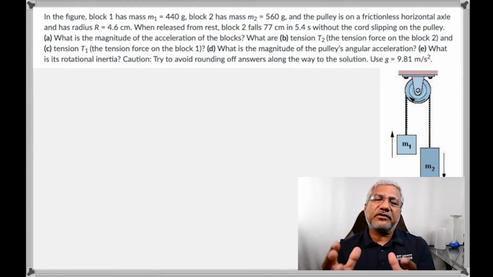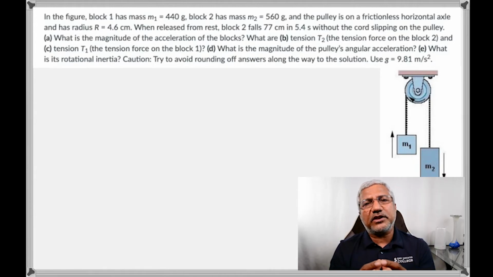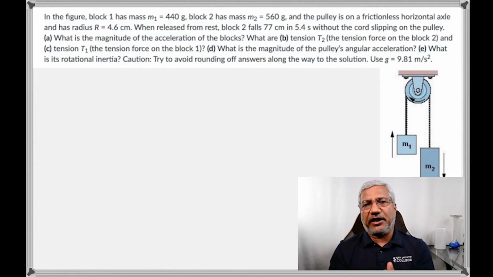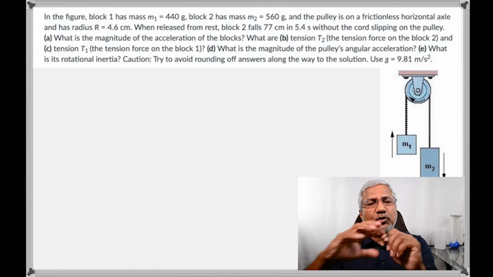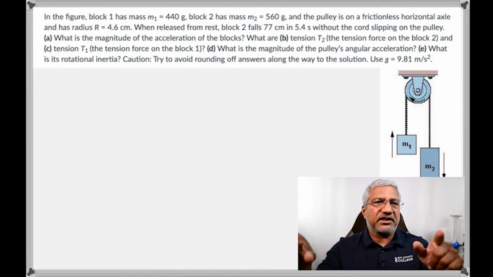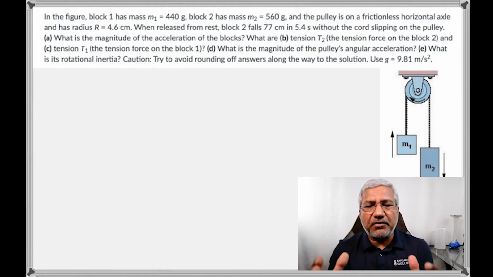As a consequence of considering the rotation of the pulley, the tension on both sides of the string will not be the same. If we totally neglected the rotation of the pulley, then the tensions would have been the same, which is how we did it previously. So keep that in mind as we try to do this problem.